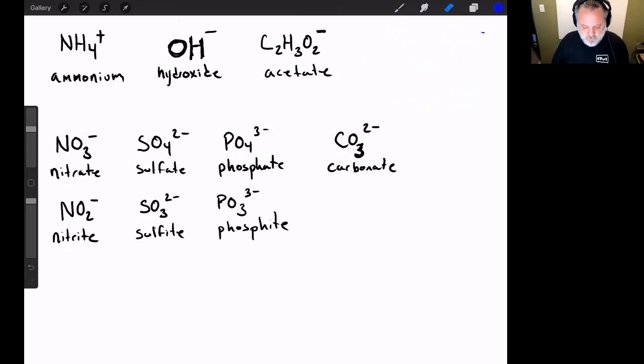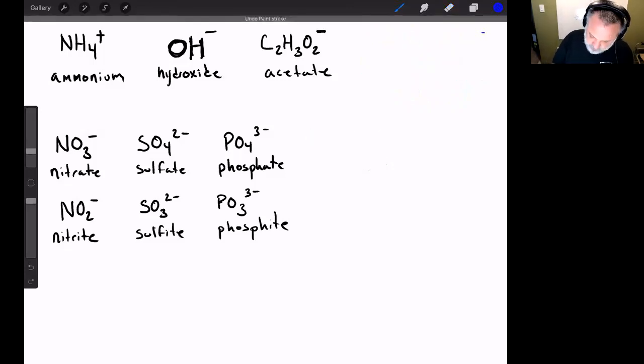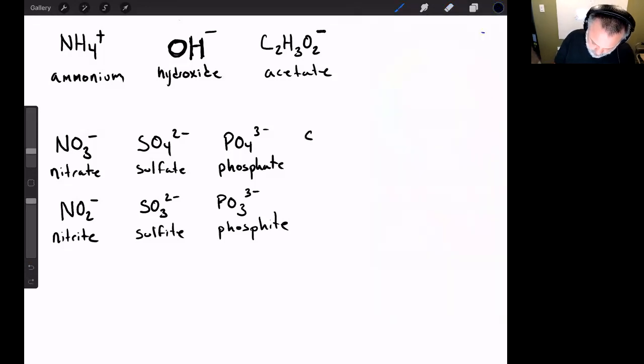Okay. So let's do one more. Let me erase this and move it over just a little bit to get some room. CO3 2 minus, carbonate. Let's do this one.